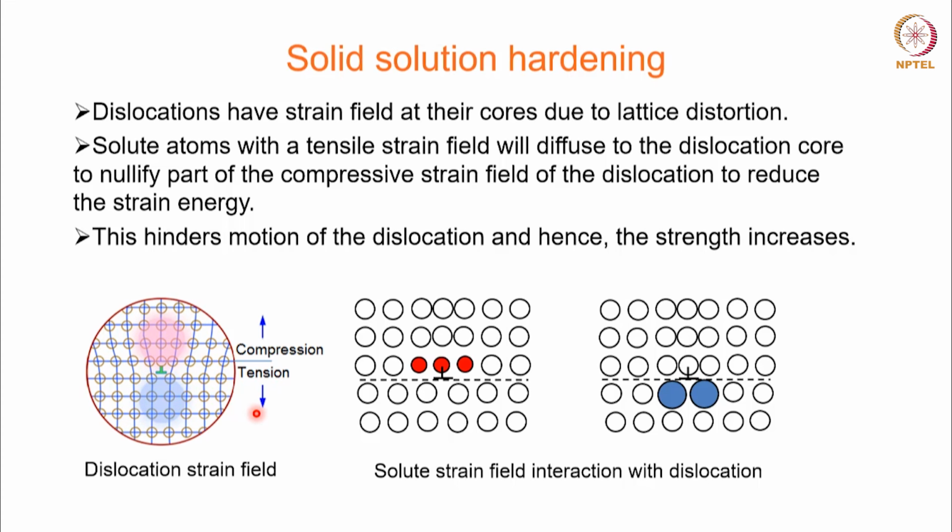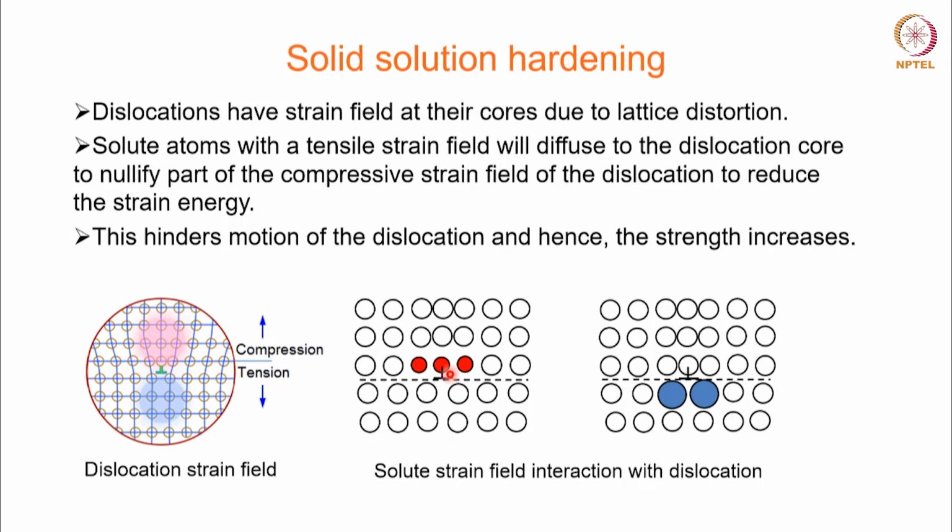So therefore, a solute atom which induces a tensile stress in the lattice will be attracted to the compressive region of the dislocation, that is, towards the upper side of this dislocation line, right? So that's what you can see over here.